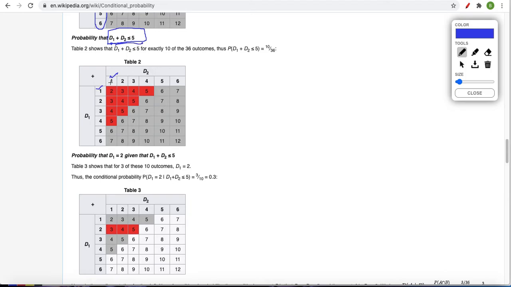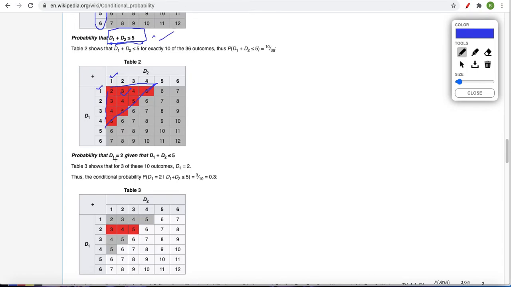When d1 shows 1 and d2 shows 2, the output is 3, so the condition is satisfied. That means up to this triangle, these are the outputs which satisfy this condition, right?